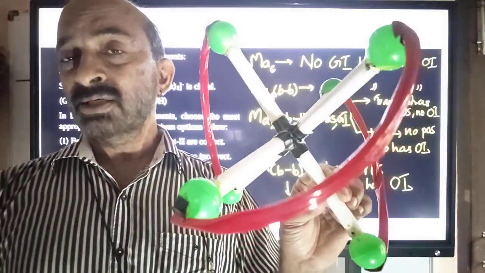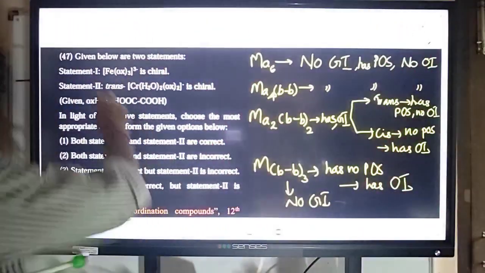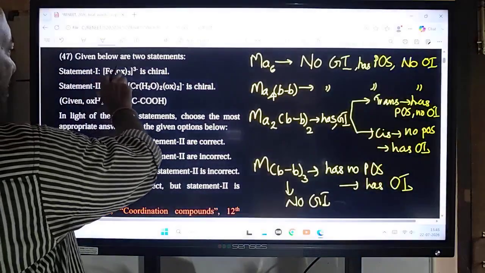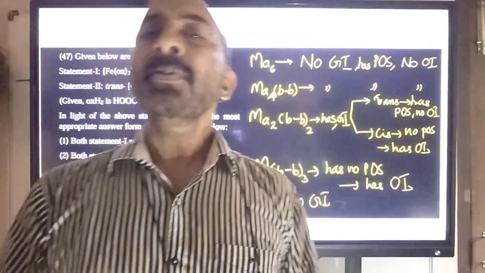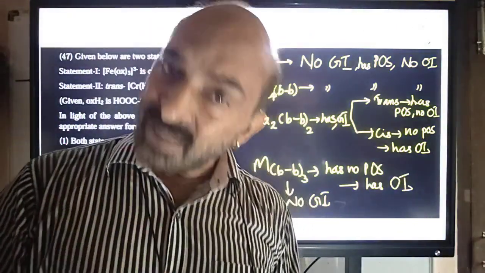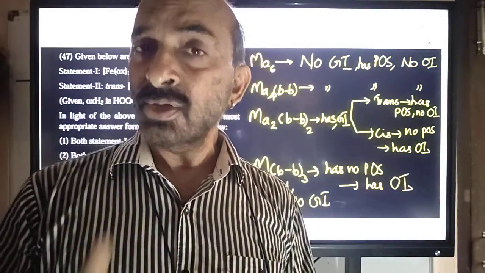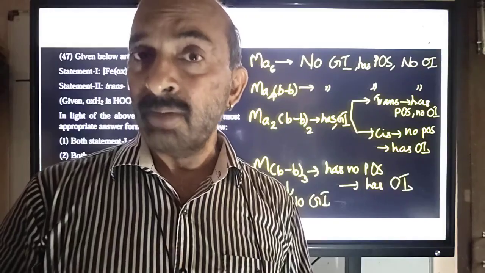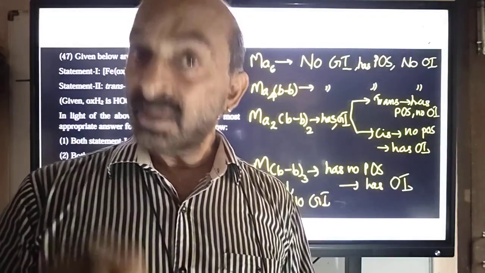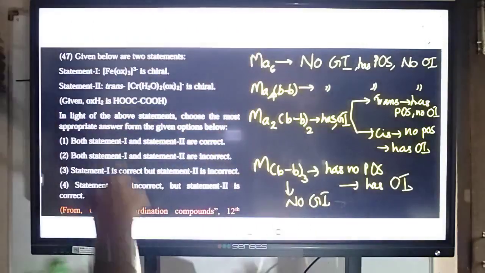When a molecule does not have a plane of symmetry, it is chiral, isn't it? So chiral means no plane of symmetry. So statement 1, FeOx thrice 3 minus with the 3 bidentate ligands is chiral, is a correct statement. Got that? Because it is about a molecule of the type MBB thrice, it has no plane of symmetry. It is correct. What about the second statement?